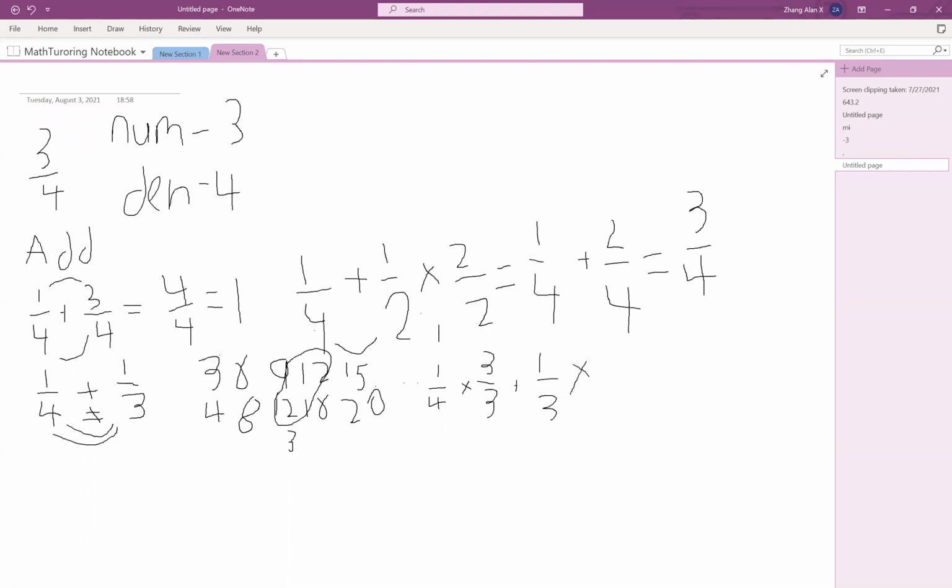Dominic, what number would we times to get the denominator to 12 for 1/3? 3 times what number gets us 12?